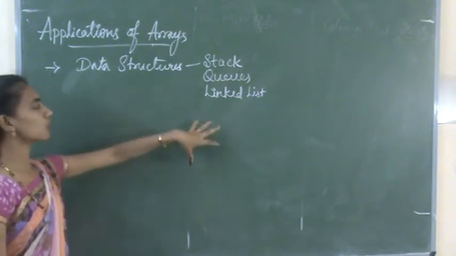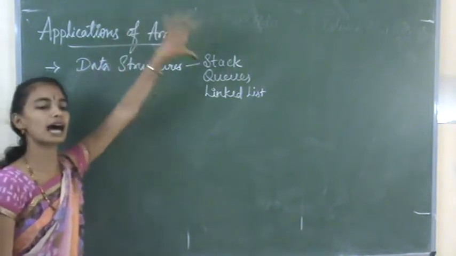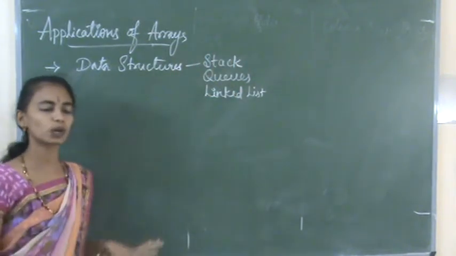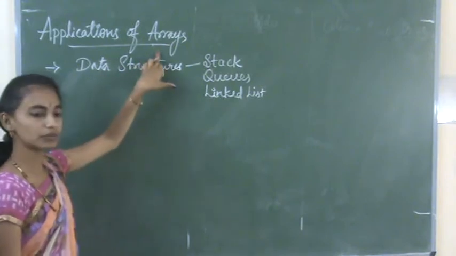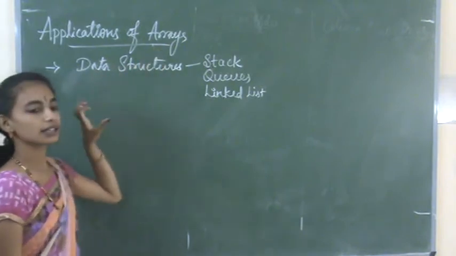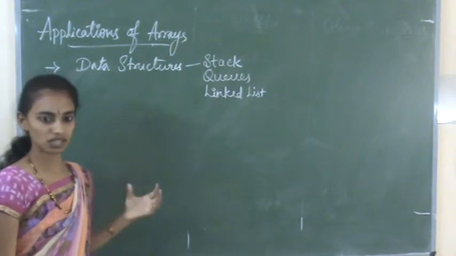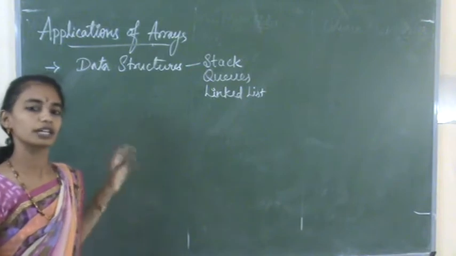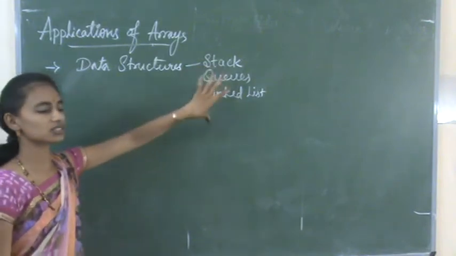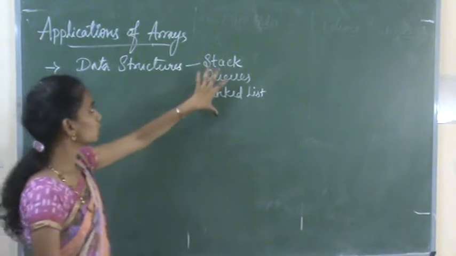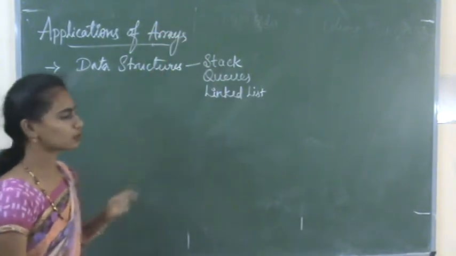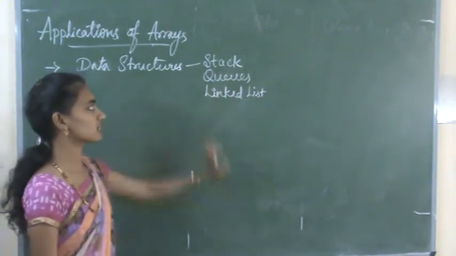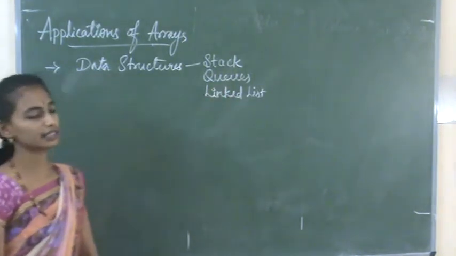So in these concepts we are applying this array to represent these data structures. So array is used in other data structures such as stacks, queues, linked list, heaps, etc. Okay, so that is the first application.